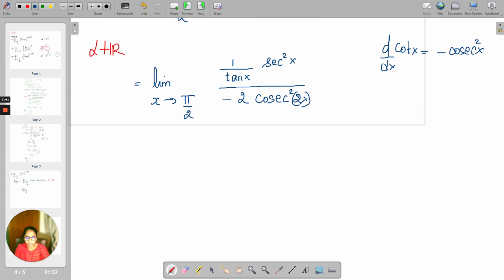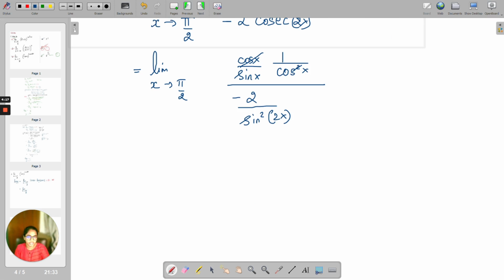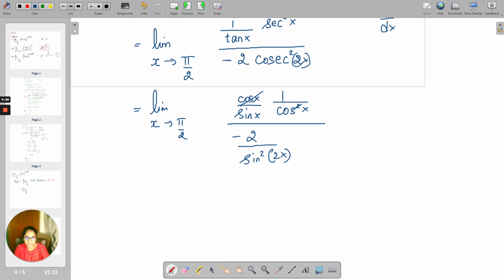Now let us simplify our expression. We can write tan x as sine by cos. The secant square x is 1 divided by cos square x, so cos and cos get cancelled, divided by minus 2 times cosecant square 2x, and the reciprocal of cosecant is sine, so divided by minus 2 divided by sine square 2x.